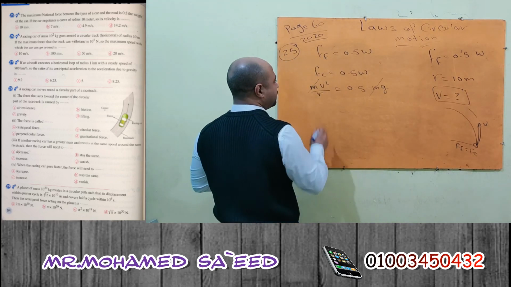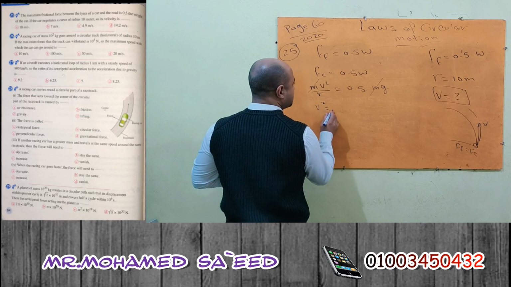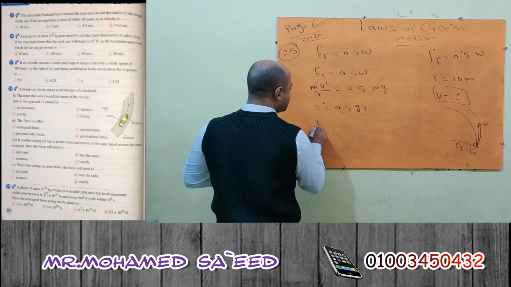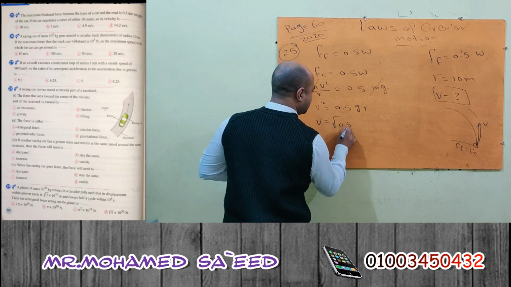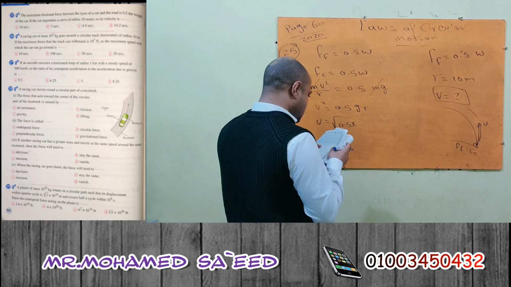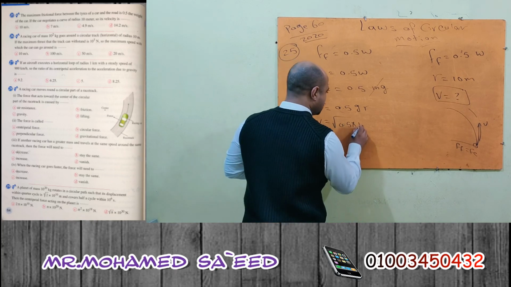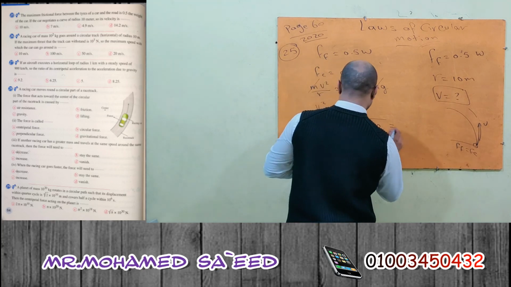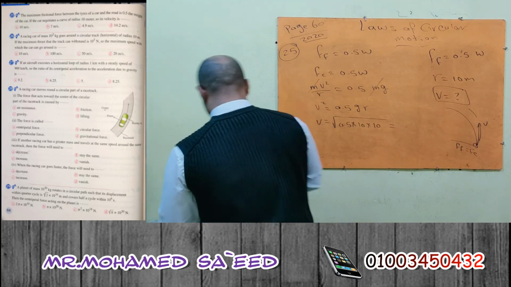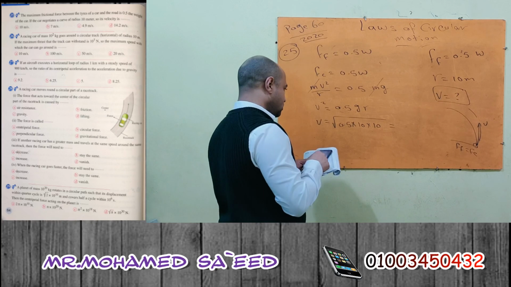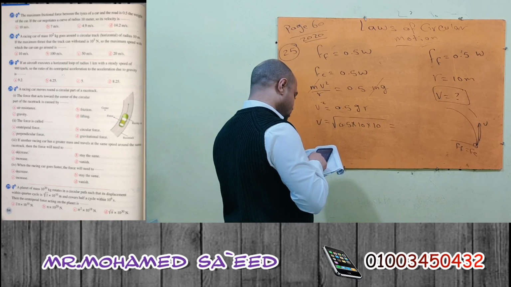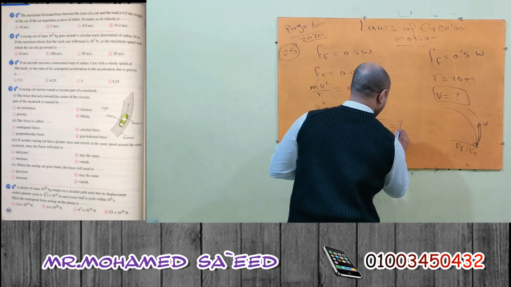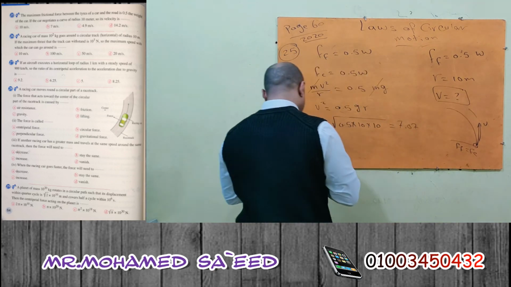So v squared equals 0.5 g r. So v equals the square root of 0.5 times g times r, 10, equals the square root of 0.5 times 100, equals 7.07.